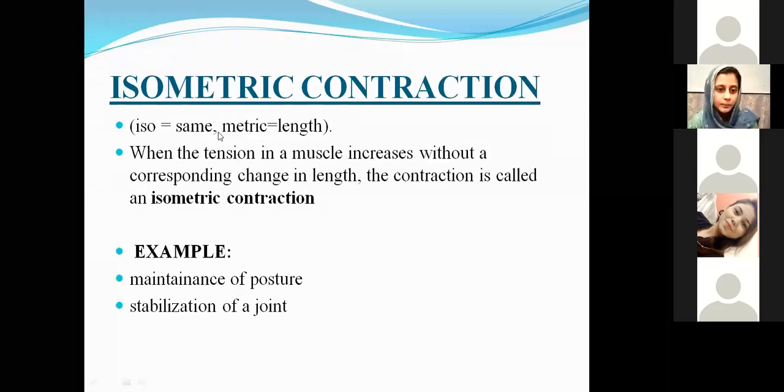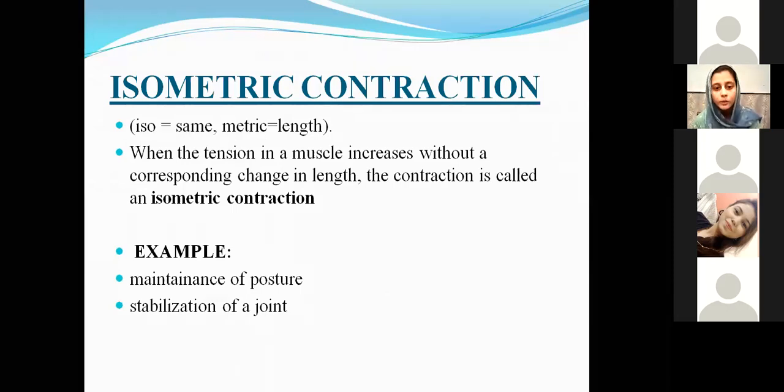Iso means same and metric means length. So what happens in isometric contraction? When the tension in the muscle increases, when we increase the force to the muscle, then the length of the muscle fiber doesn't change.